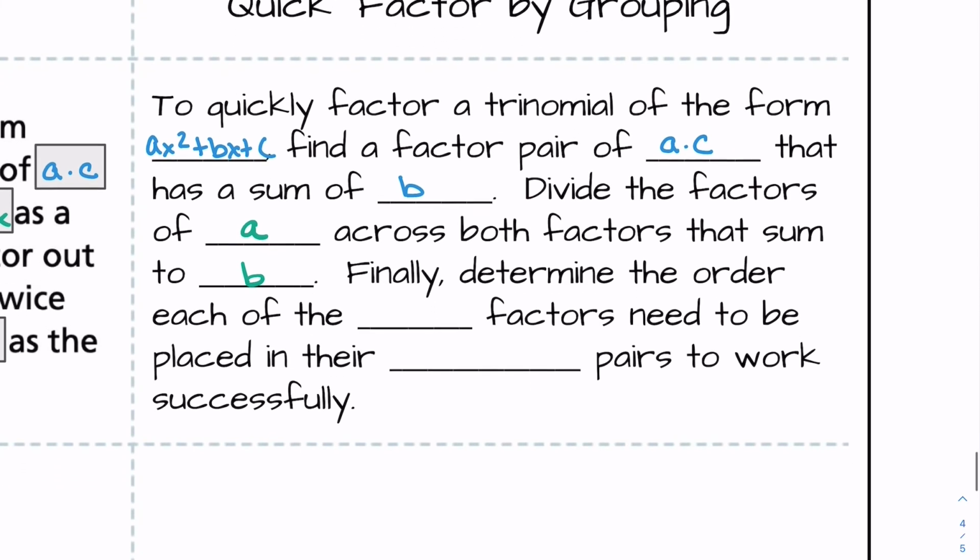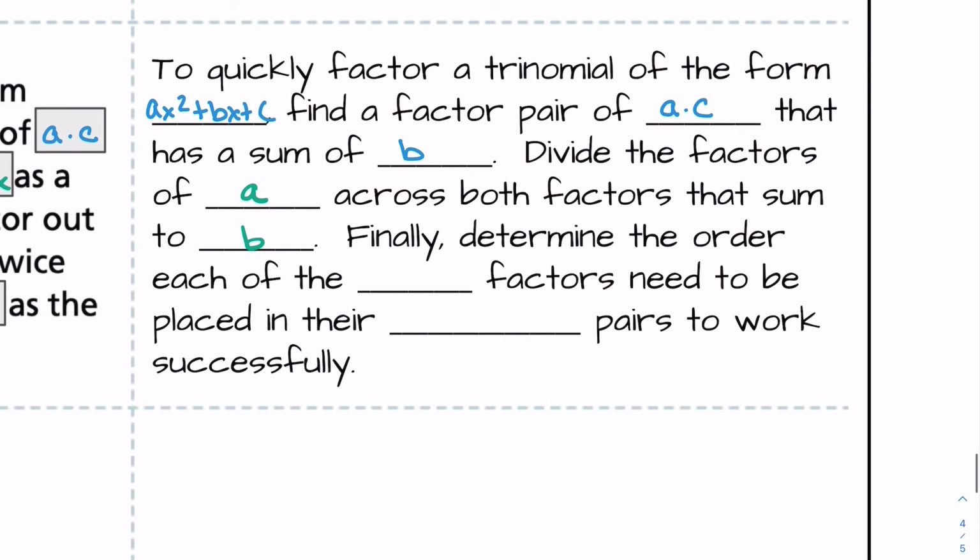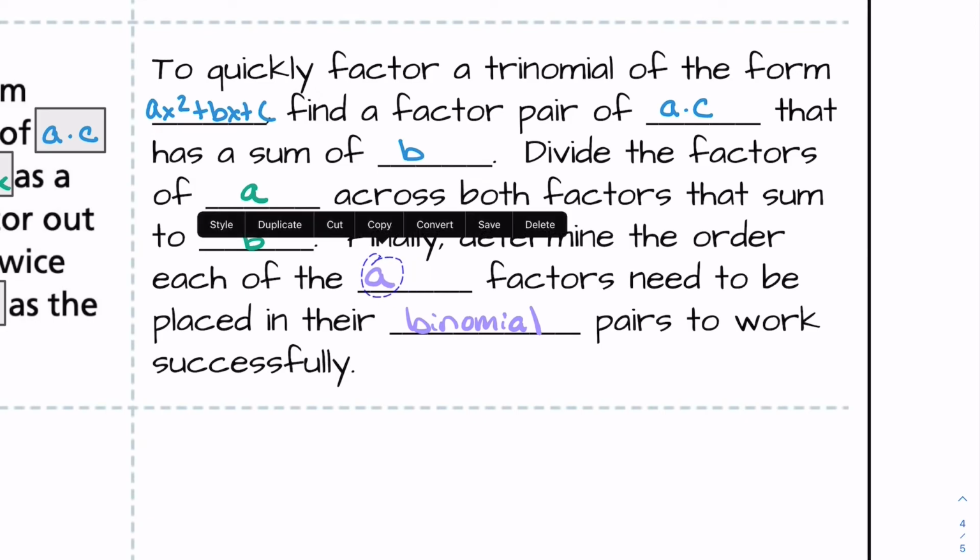And finally, determine the order of each of the a factors needed to be placed in their binomial pairs to work successfully.